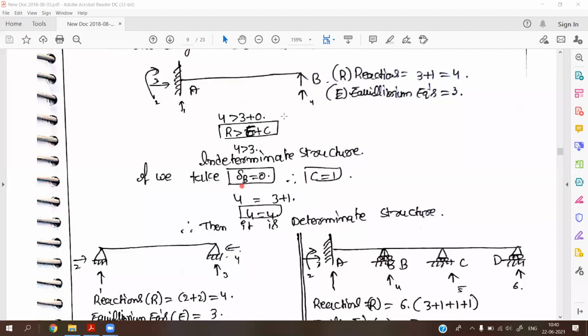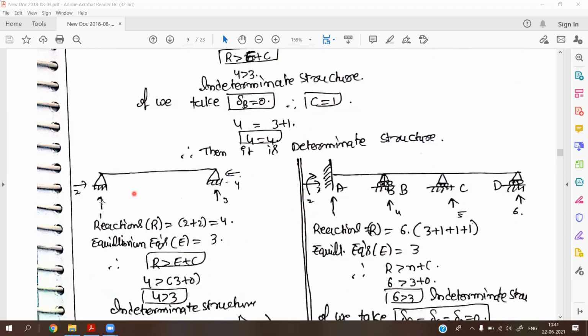Before and after the placing of the load, the point B does not change, so the deflection at B is equal to 0. With this consideration we can get one extra equation, the compatibility equation, equal to 1. Then we can determine the structure. This way we can analyze the problems of a propped cantilever.